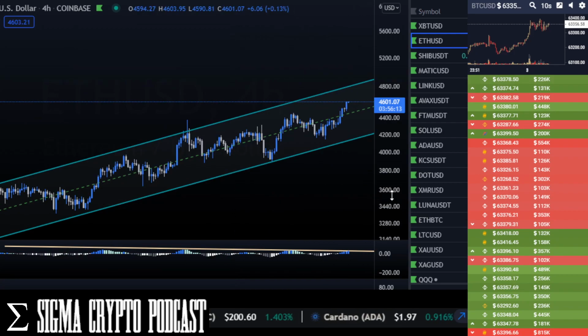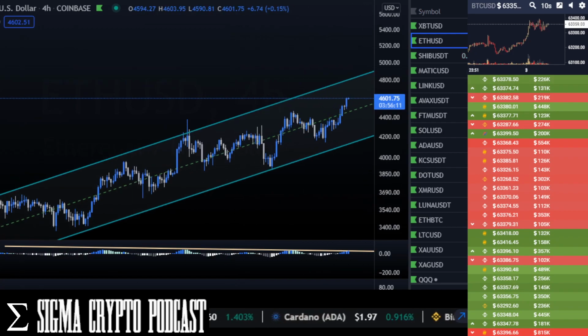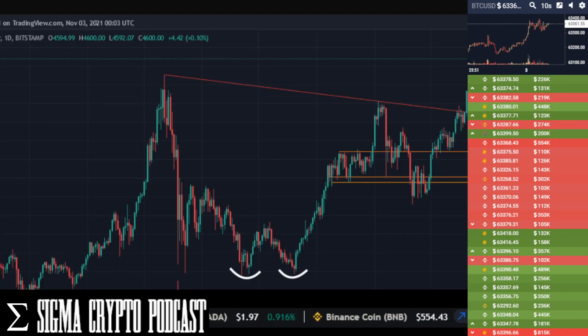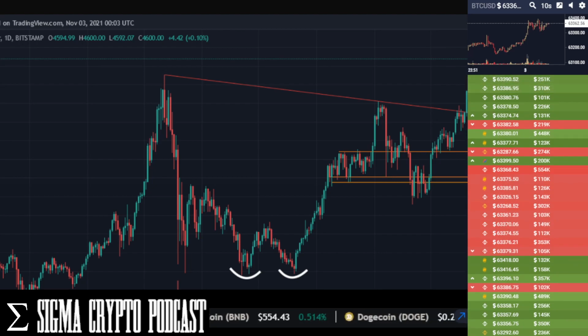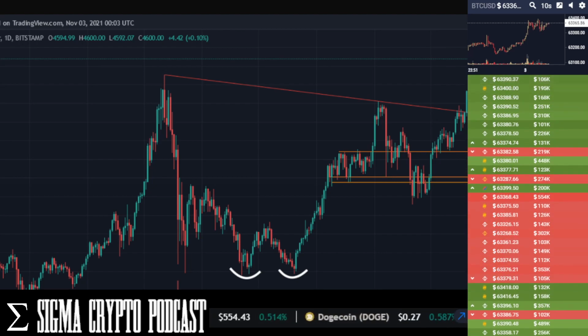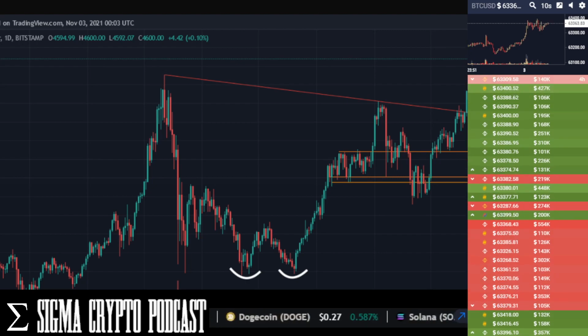I didn't do much TA on Ethereum because I usually focus on Bitcoin, since Ethereum just follows Bitcoin. But you can see this low and a confirmation low, the same exact low, a big old W. Market participants are confirming that this is the bottom. If you feel like, oh man, 1.8K Ethereum sounds good, but what if it goes even lower?